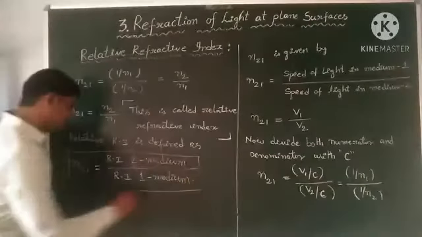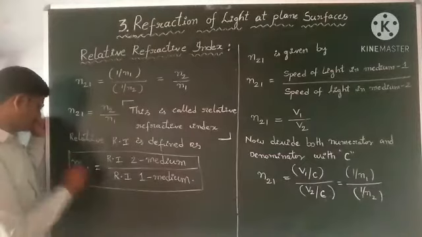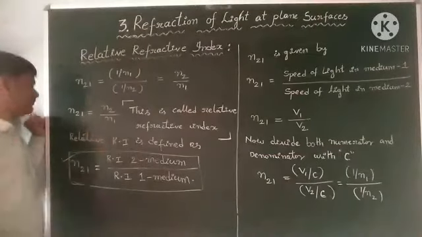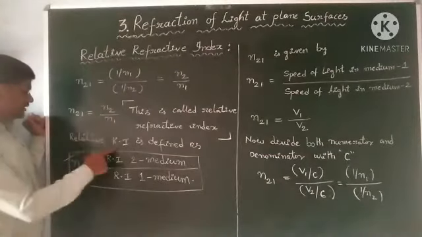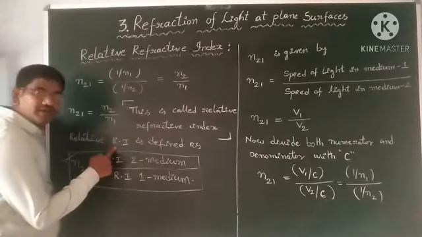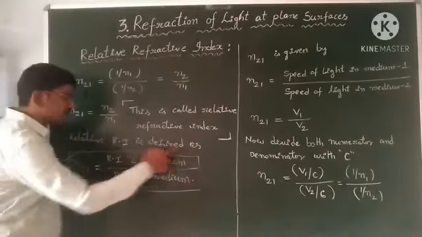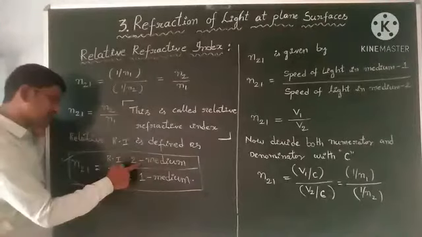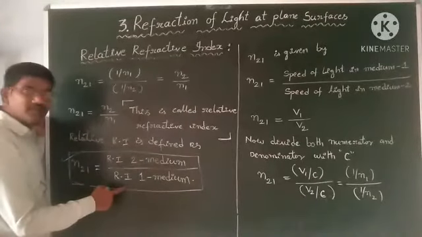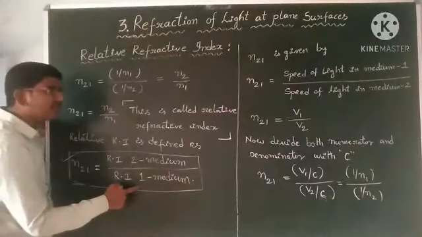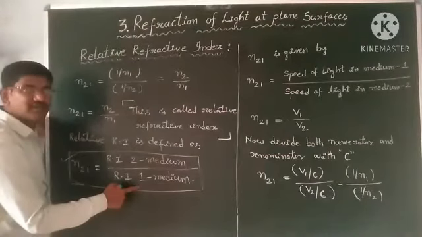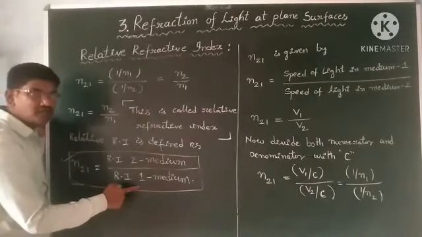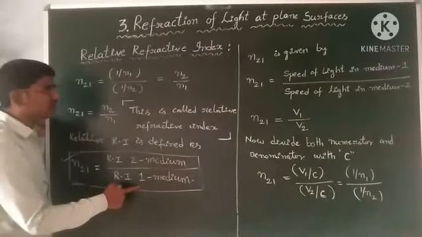So this is the definition of relative refractive index. Relative refractive index is defined as n221, meaning the refractive index of the second medium by the refractive index of the first medium. This is called relative refractive index.